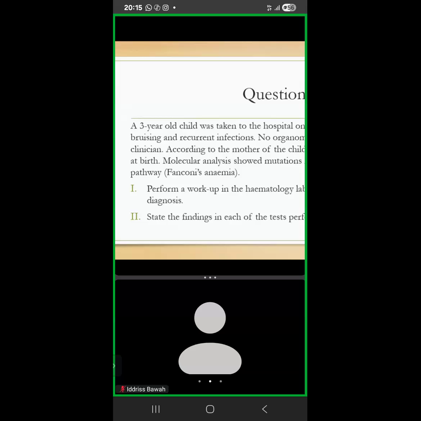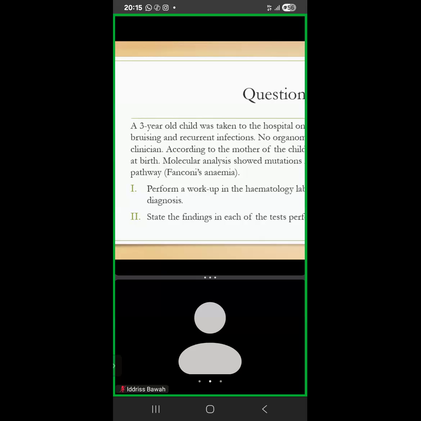After bone marrow aspirate, what else can we do? Cytogenetics. Aplastic anemia is not a clonal disease, so there will be no cytogenetic aberrations.